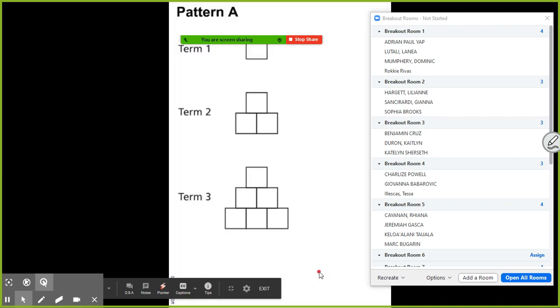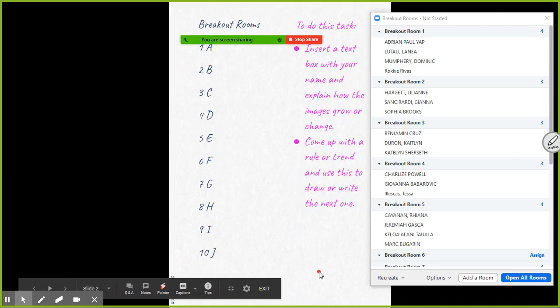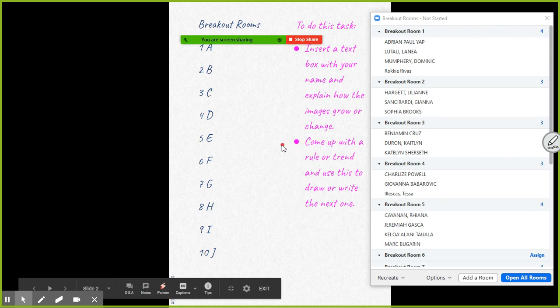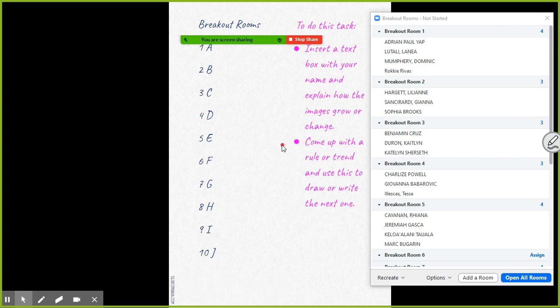So insert a text box with your name and explain how the image is growing or how it's changing. Or you can also come up with a rule. You can type it if you don't want to draw it. You can also come up with a rule, and use that rule to draw or write the next one. Or if you want, you can simply describe the rule that you're using.